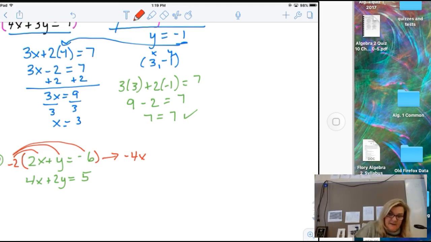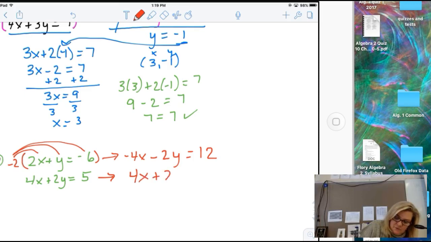So I've got my -2 times 2x, which is -4x, and then I have -2 times y, which is -2y, and then -2 times -6, which gives me a 12. On the bottom, I don't need to do anything. I'm just going to move that right on over here, and I will have my 4x plus 2y equals 5.